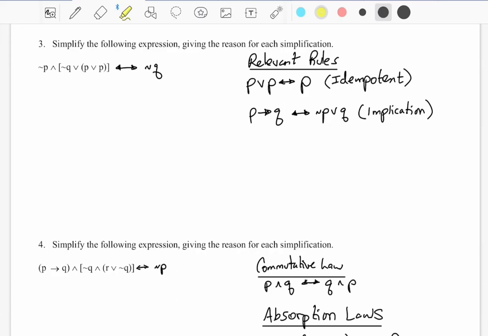The question could be, what is the probability of not A and not B, or A or B? And if you can simplify that down to just a not Q, you've just made your life a whole lot easier. Or in my analogy, it would be a not B.